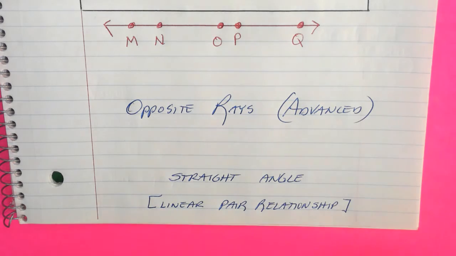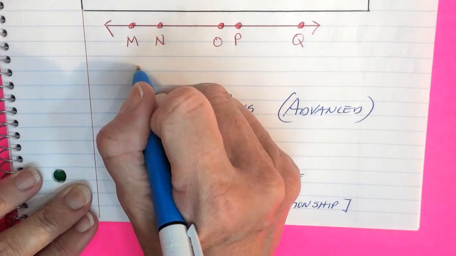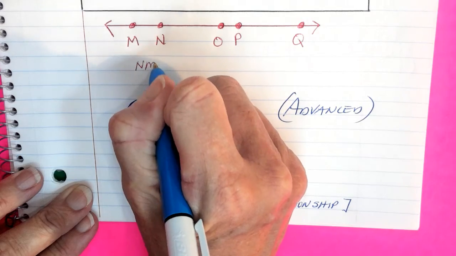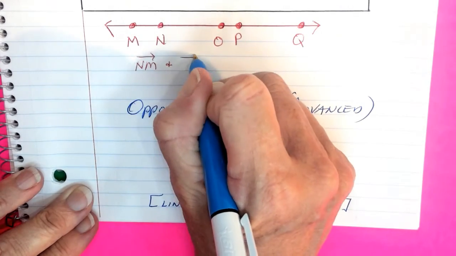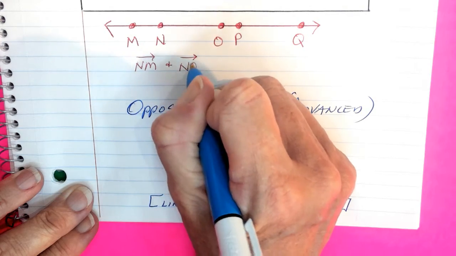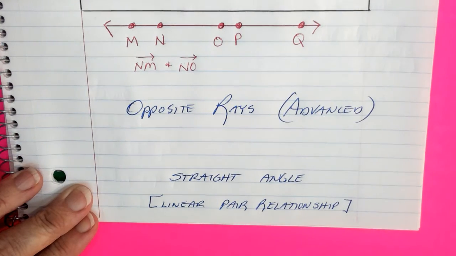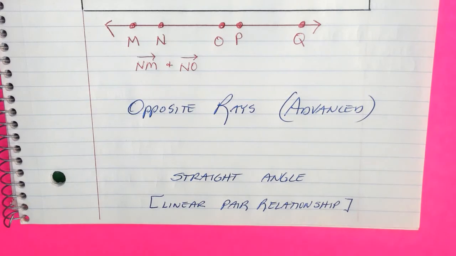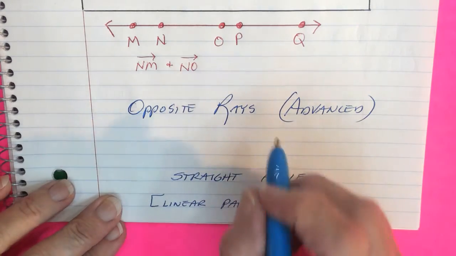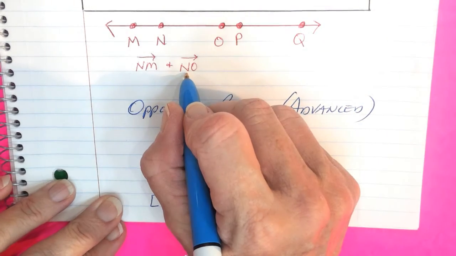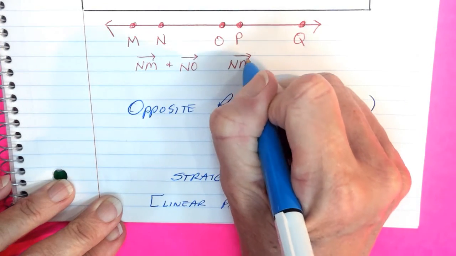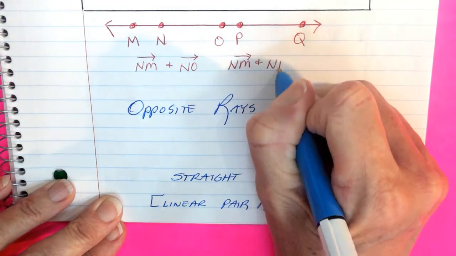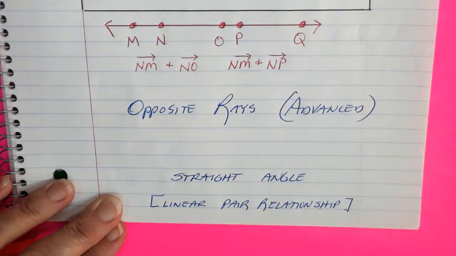Okay, if you tried and you've just come back, you could have seen that ray NM and ray NO are opposite rays. Since it only takes 2 points to name a ray, you could have written the name for the ray NO in many ways. You could have said ray NM and ray NP are opposite rays.